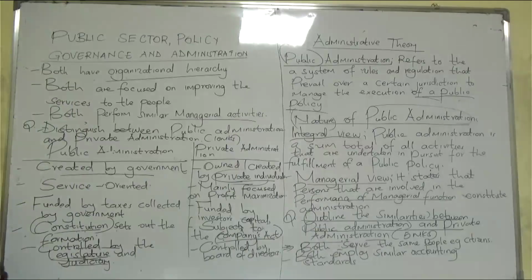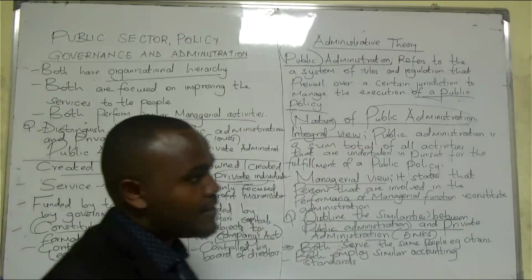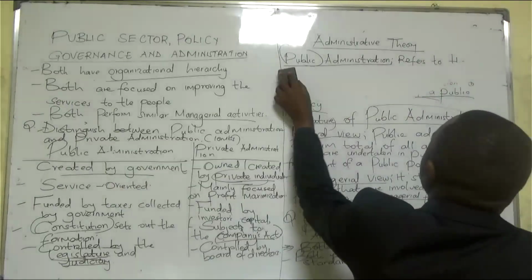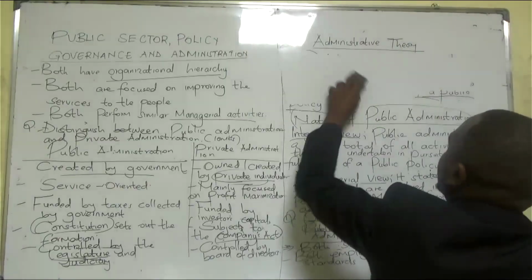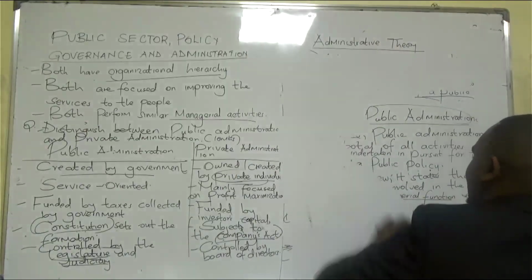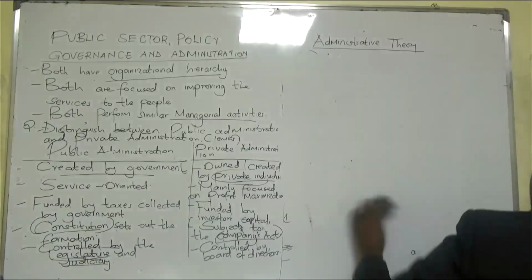What is the relationship? You can easily be asked the similarities or the differences. The other one is public administration and politics. We need to understand what is the relationship between public administration and politics.